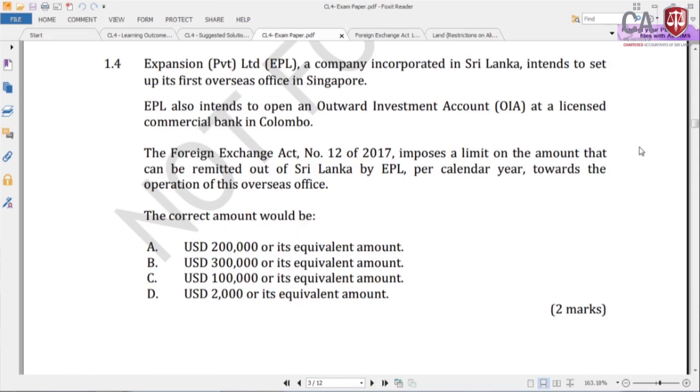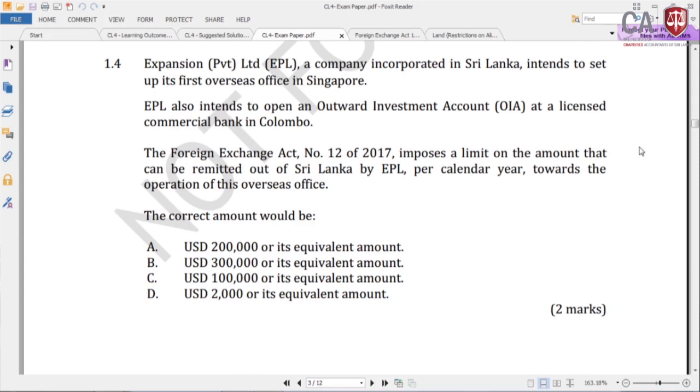So getting back to our question, according to the presently valid regulation that has been gazetted under the Foreign Exchange Act number 12 of 2017, the amount that can be put into the outward investment account is actually USD 300,000, or its equivalent amount.